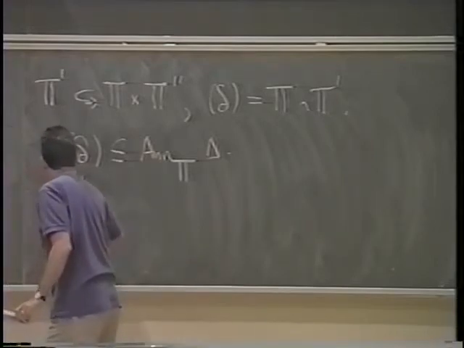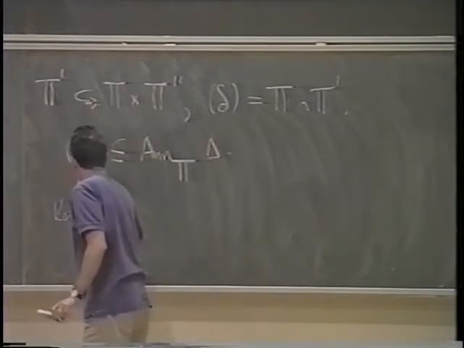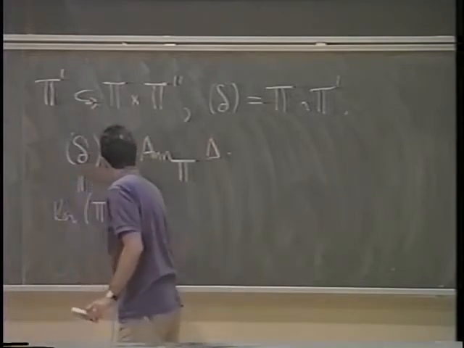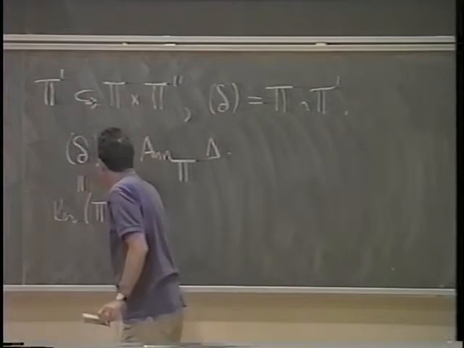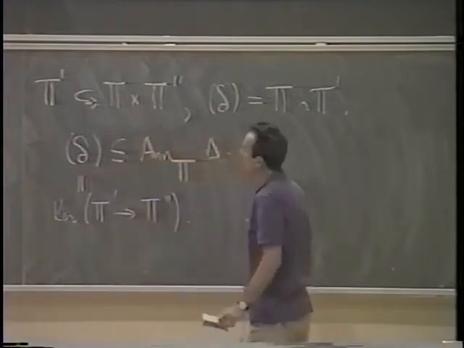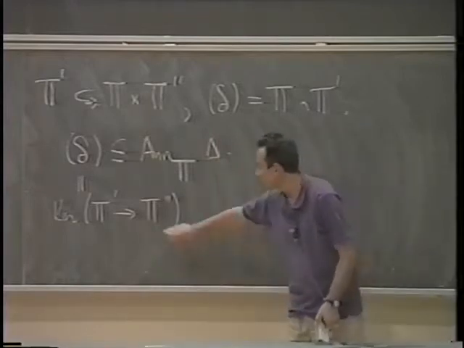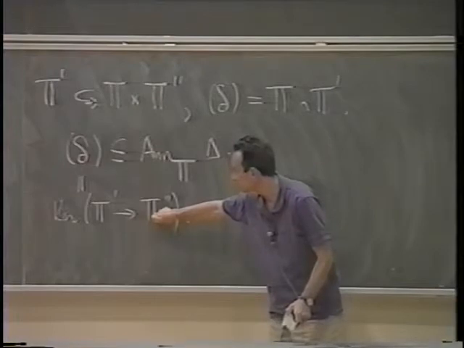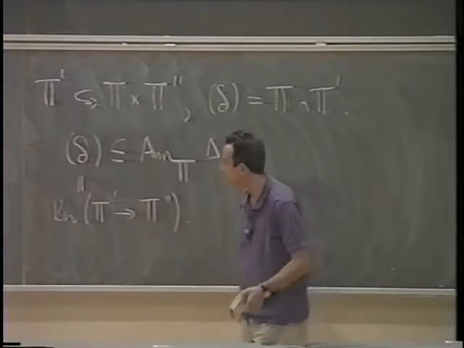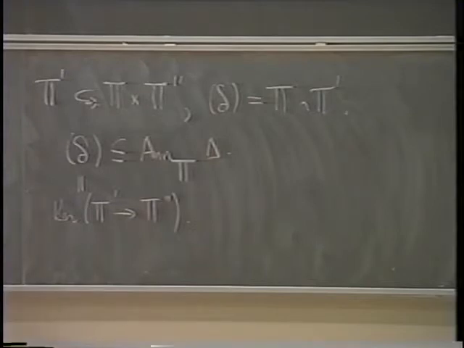This is the kernel of the map from T to, well, it can be thought of as the kernel of the map from T prime to T double prime. It's the image in T of Hecke operators in T prime which are 0 in T double prime. In other words, it's the image in T of Hecke operators in T prime which die on B.